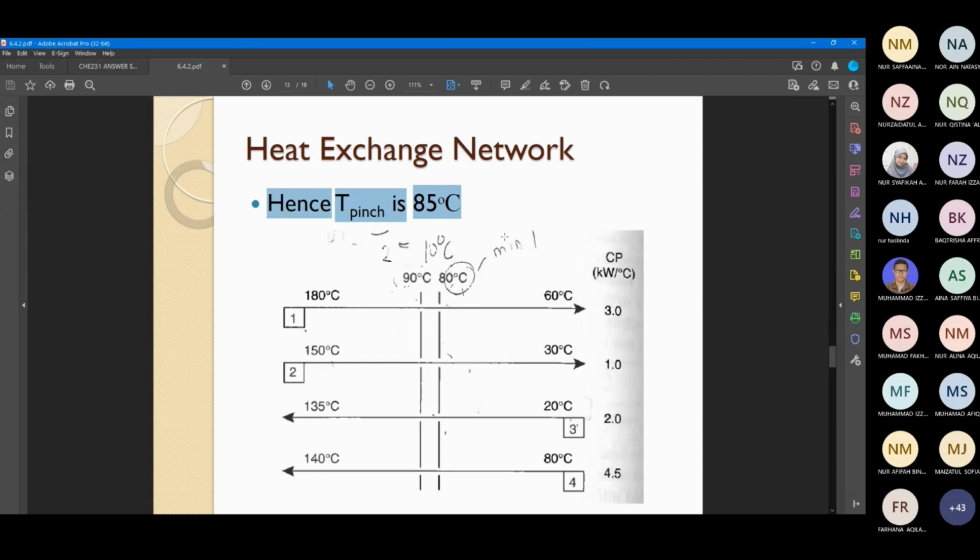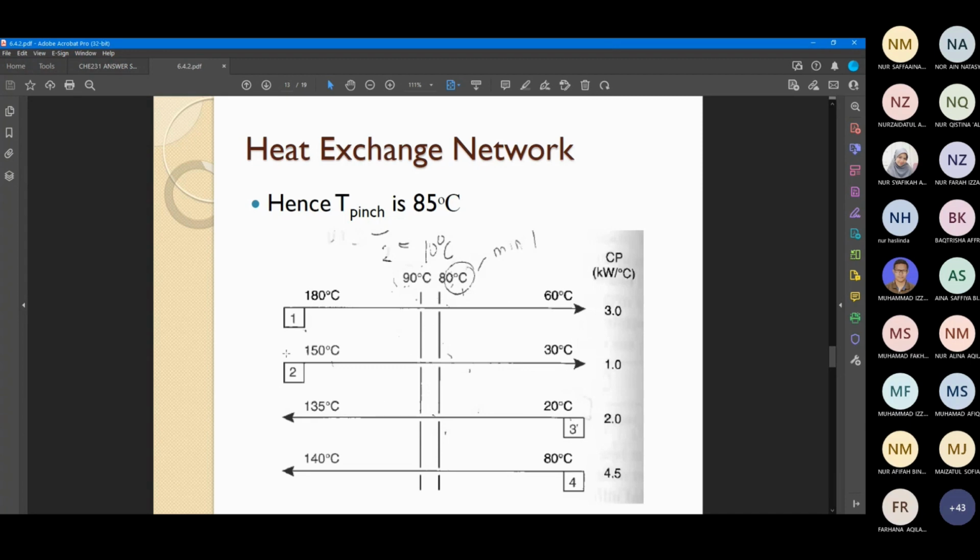We want the pinch temperature for the cold stream to be 80 degrees, and the pinch for the hot stream to be 90 degrees, so that you get a difference of delta T equal to 10 degrees Celsius.